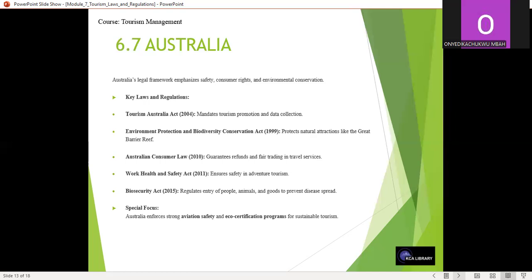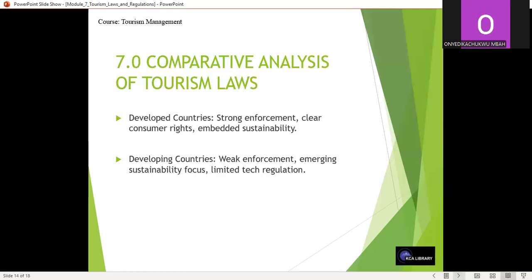Now, who are the special forces responsible for this? We have Australia Armed Forces, strong aviation safety and eco certification programs for sustainable tourism.